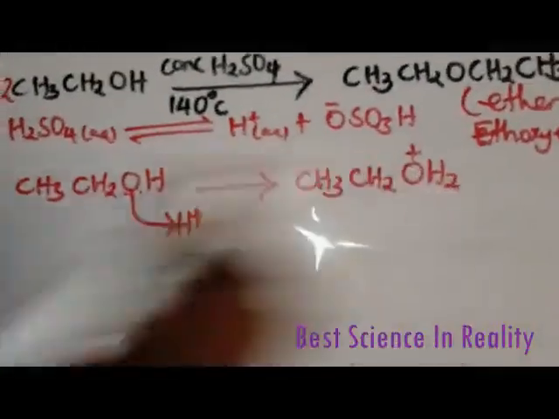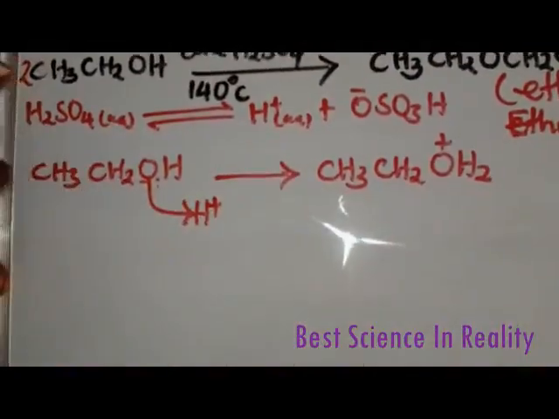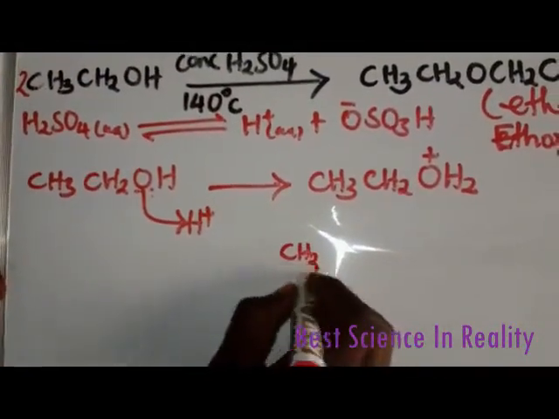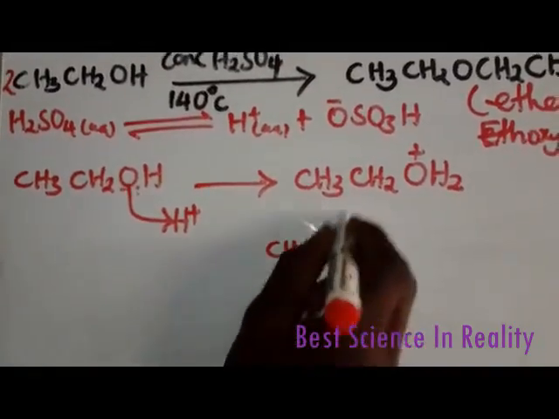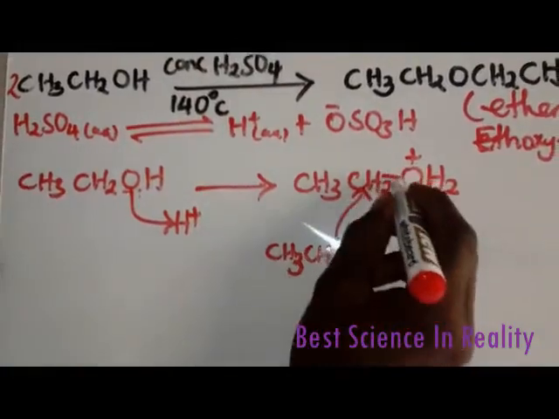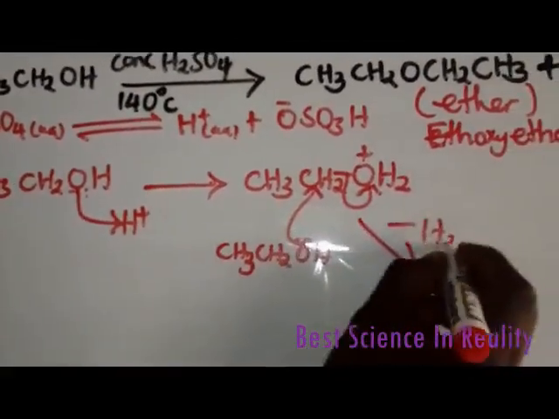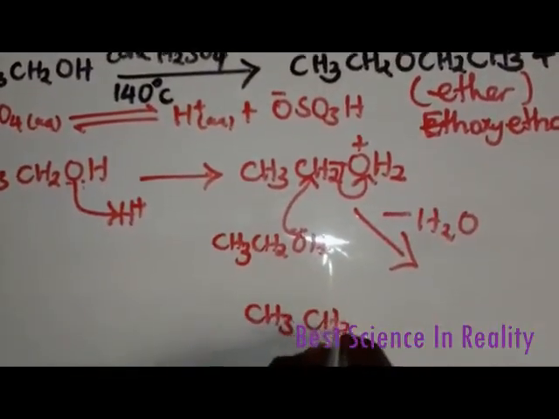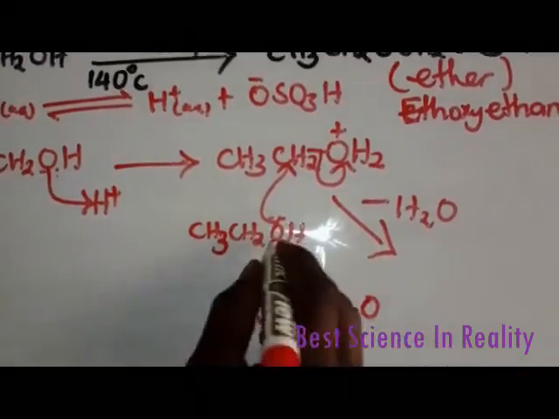So at this point, when we form this water plus, remember we are having 2 molecules of ethanol. Another molecule of ethanol is going to come. It's going to attack this carbon, and this water is going to go off. Then, minus water, we shall end up with CH3, CH2, and this is our oxygen from here.